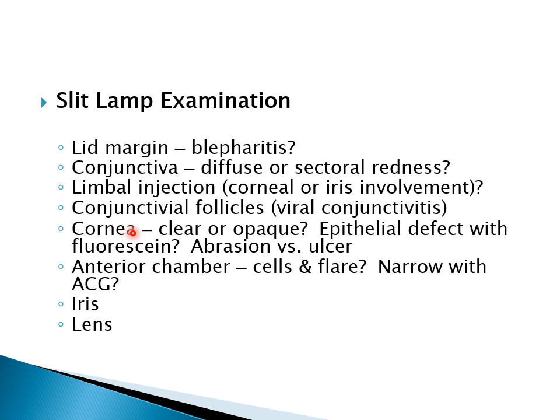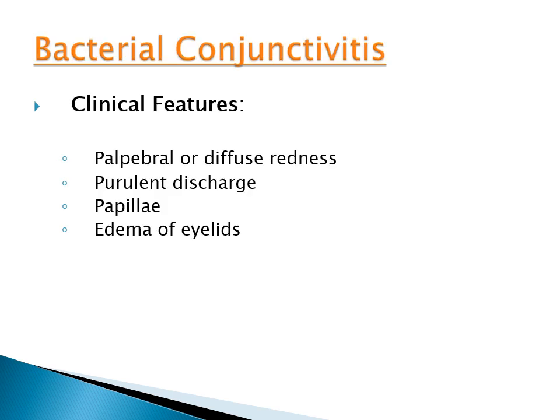We should examine the cornea in details, looking for the clarity of the cornea, keratic precipitates, corneal defects, foreign bodies, etc. Anterior chamber, it's very important to assess for the presence of anterior chamber inflammation. Lens, iris, intraocular pressure, all are important part of slit lamp examination in the management of red eye.